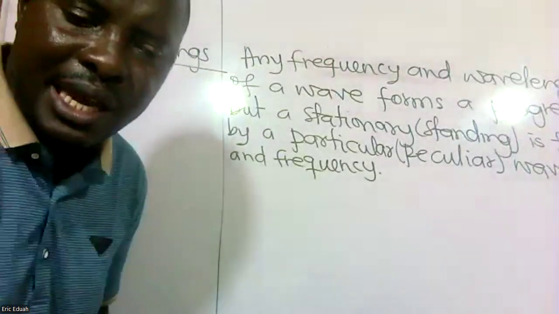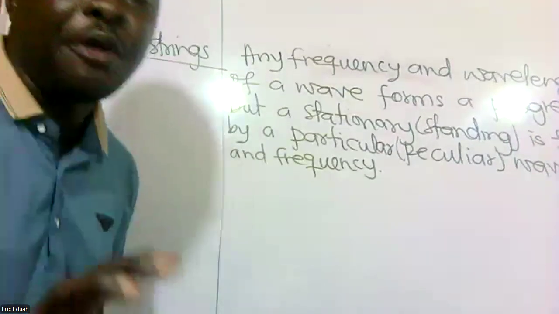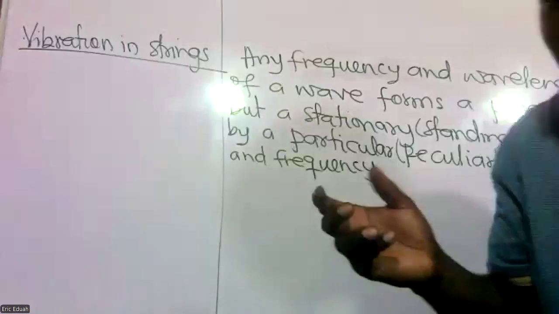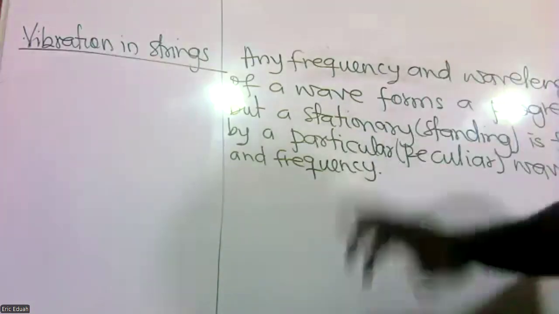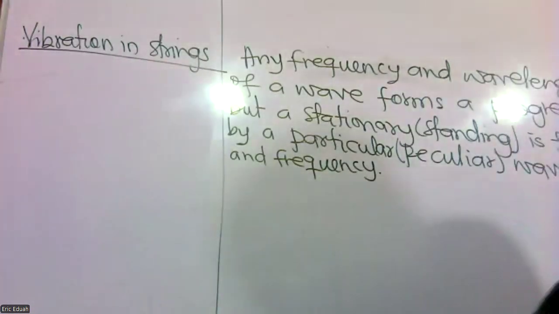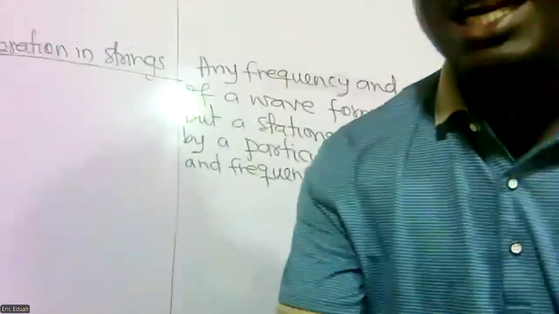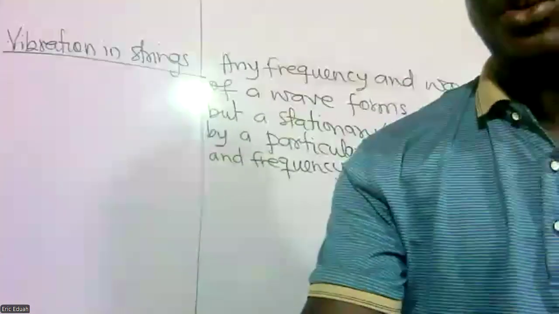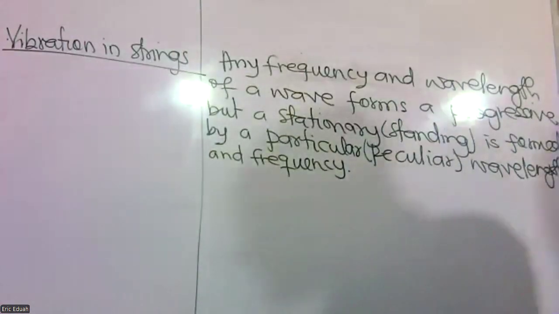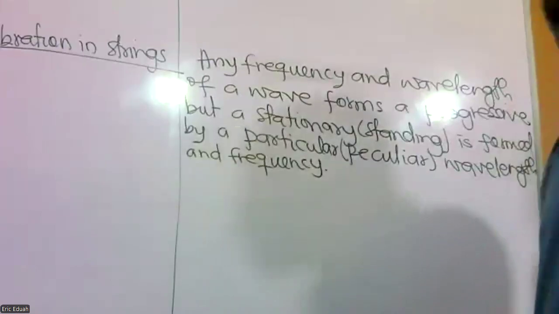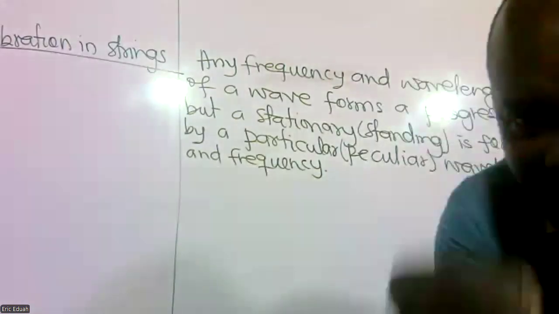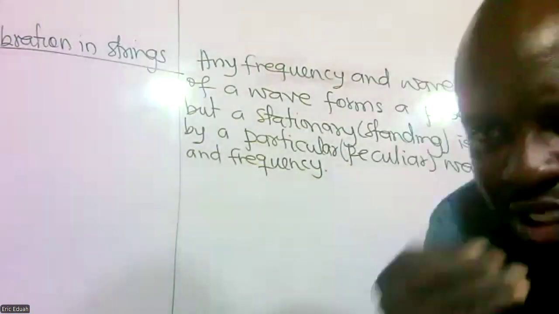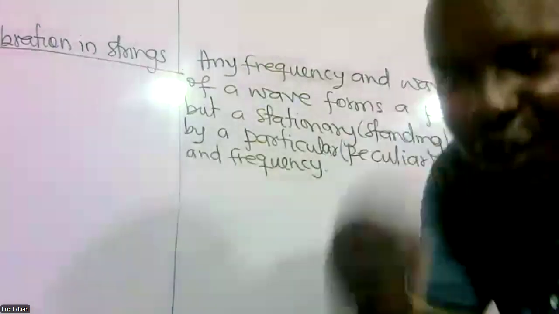What I'm saying here is that for formation of a progressive wave, any ordinary wavelength and frequency of a wave can form a progressive wave. But to form a stationary wave, you need a particular, peculiar or special wavelength and frequency.